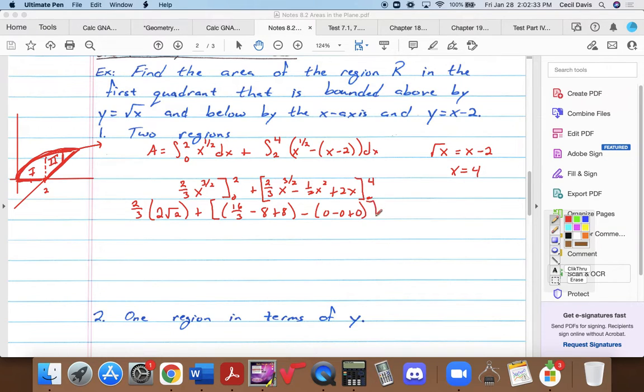At least that part was nice. So this is 4 square roots of 2 over 3 plus 16/3. Woof. Not exactly the most attractive answer.